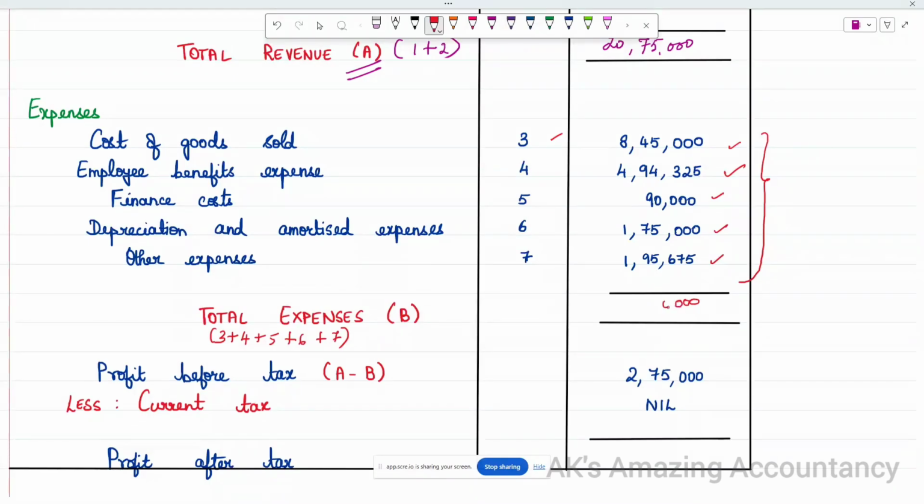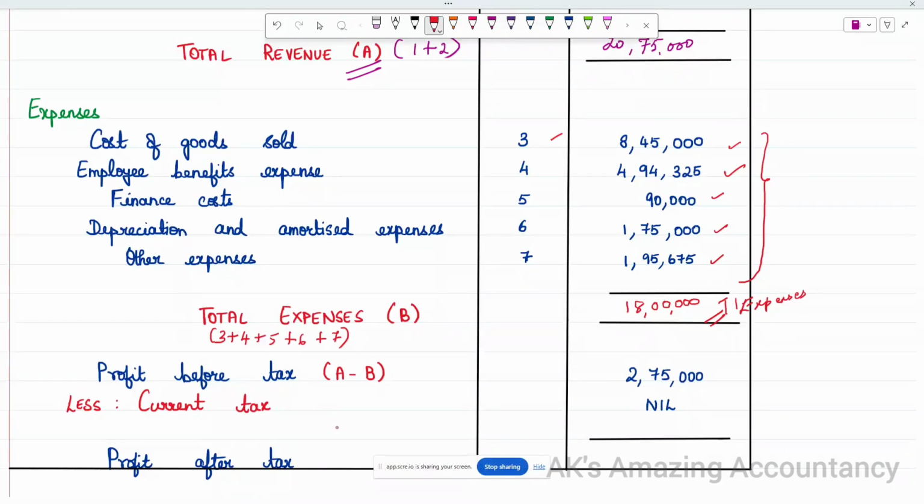Then here also you add and see. Here also it will be 0. You will be having 8 and 1. 18 lakhs will come. This 18 lakhs is what exactly? It represents the total of expenses.